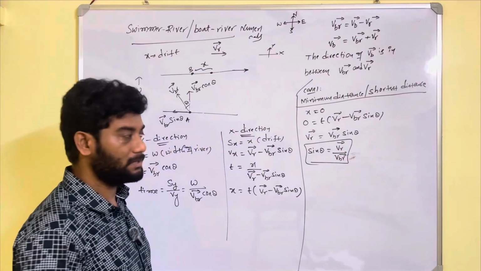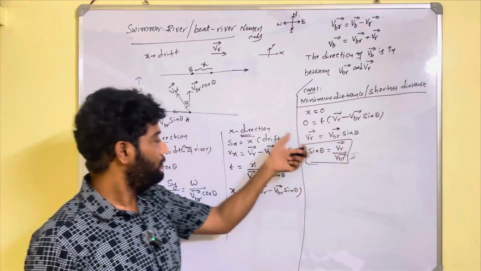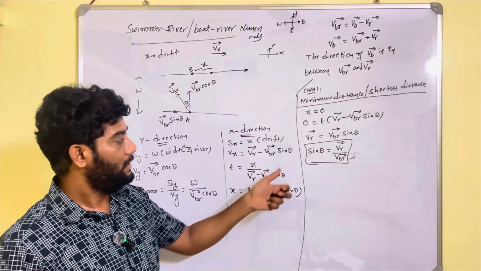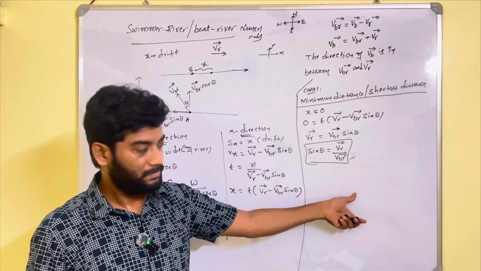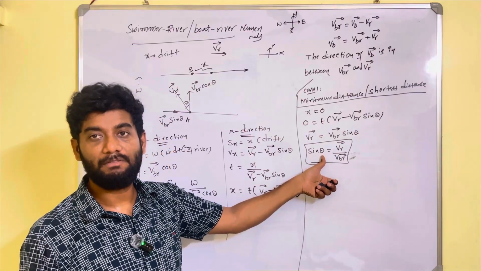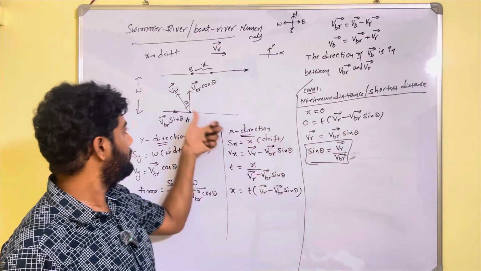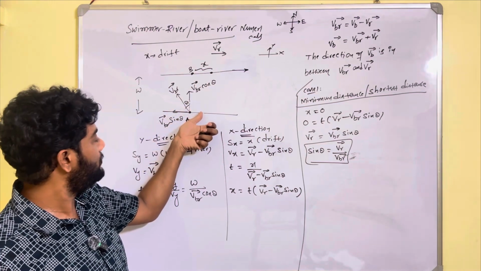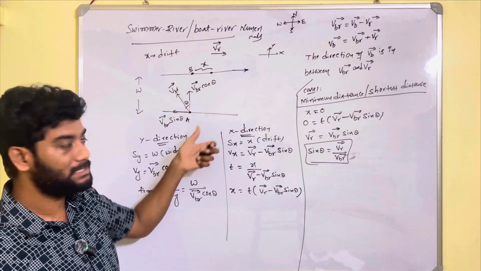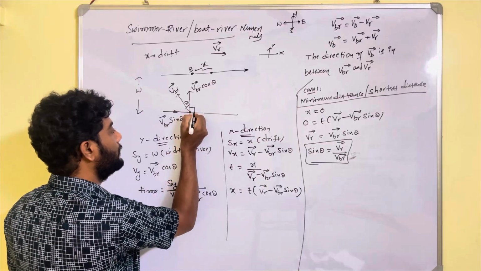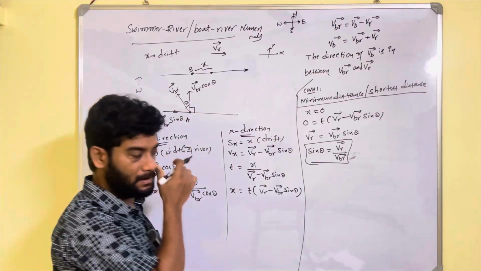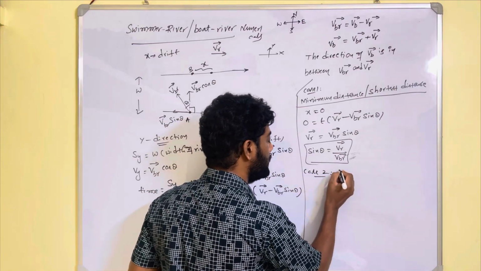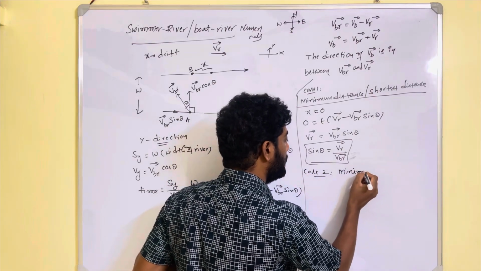They can ask here, what is the question here? If boat is starting from here to reach that exactly opposite point, with how much angle it can travel? Means we have to find theta value. This theta is the angle with respect to vertical. With respect to bank means 90 plus theta, because this is 90. Okay, this is the thing. Now, minimum time asked. Case 2 is asking here, minimum time.